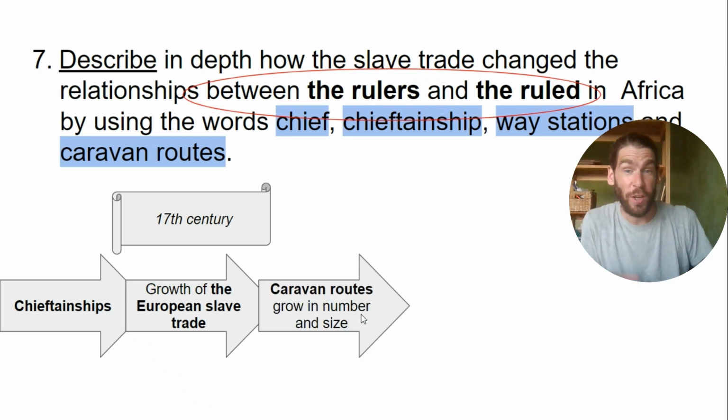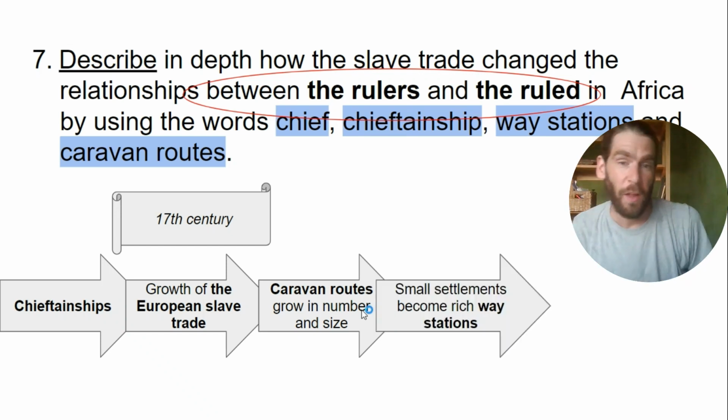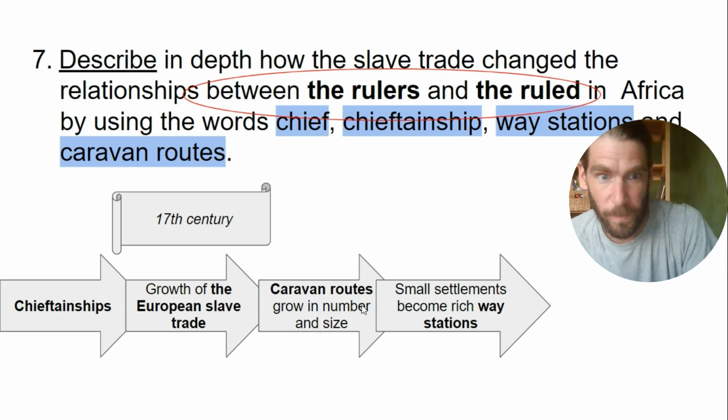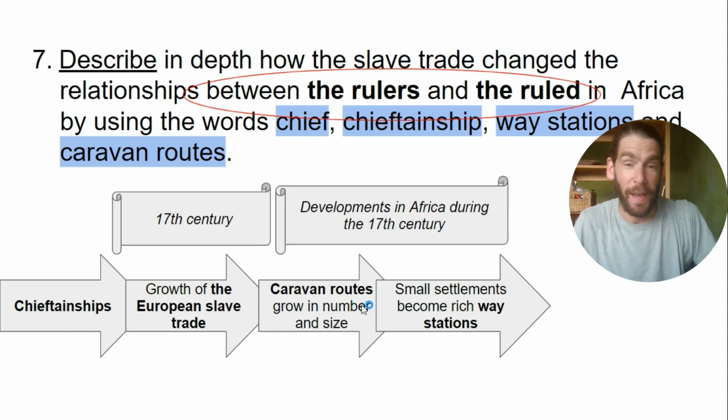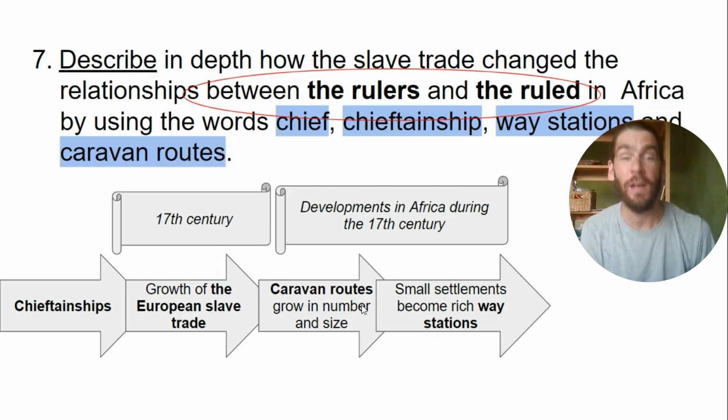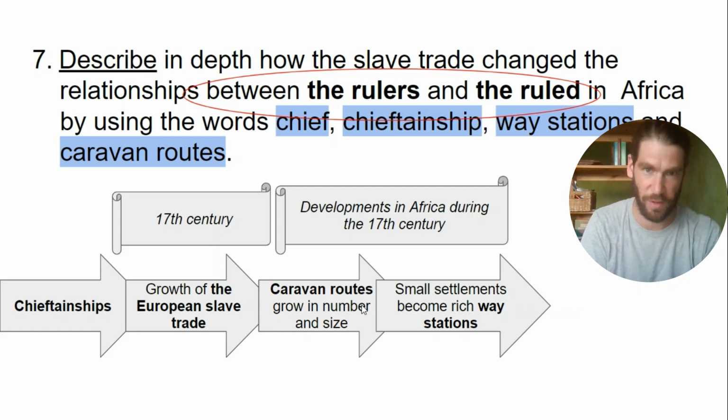Because of this, the caravan routes grew in number and in size. Small settlements become rich way stations, and these are developments in Africa during the 17th century, between 1600 and 1700.